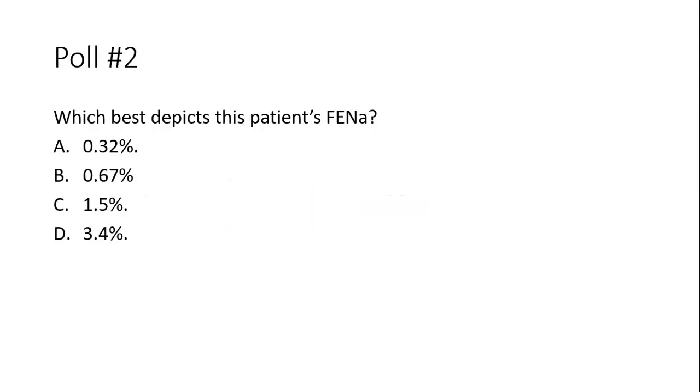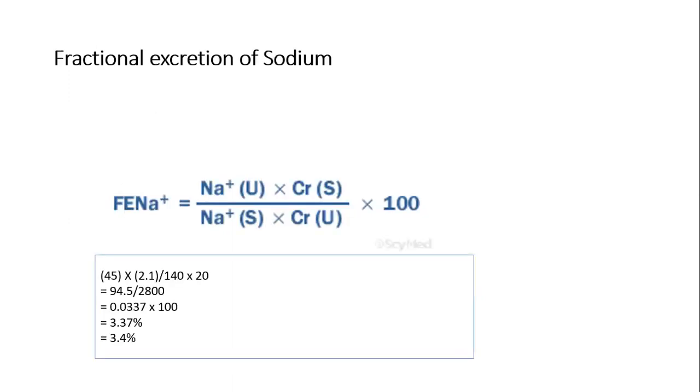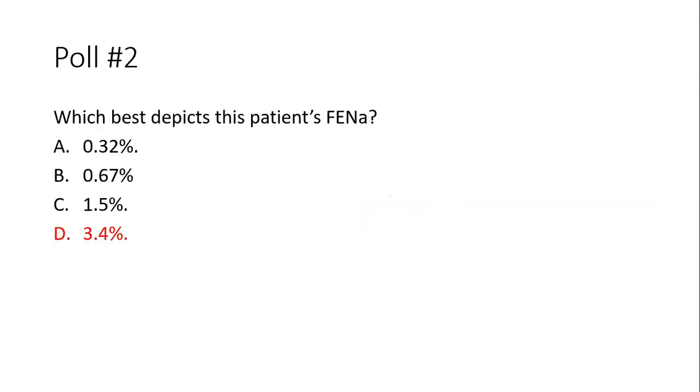So this patient's FeNA is 3.4%, as we just calculated, and you can calculate it on your own also for practice, because this is really helpful information. It gives you an idea of how to calculate and assess the type of acute kidney injury, and it helps you classify according to that.